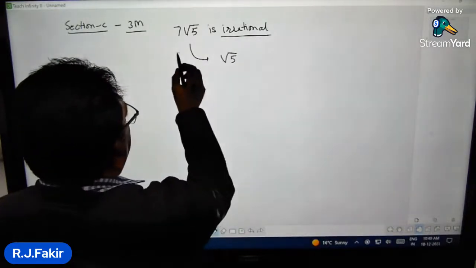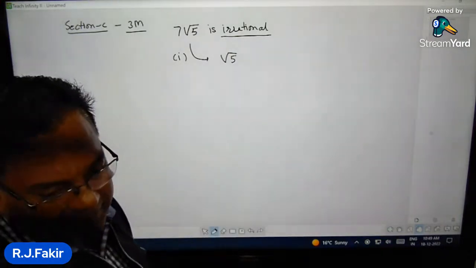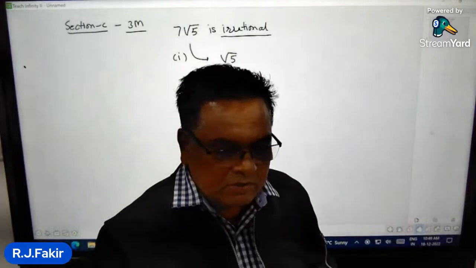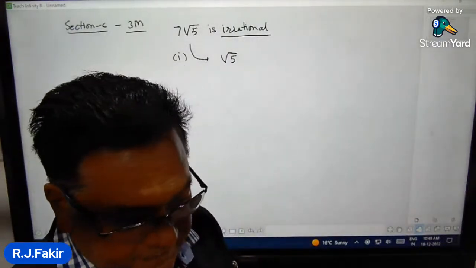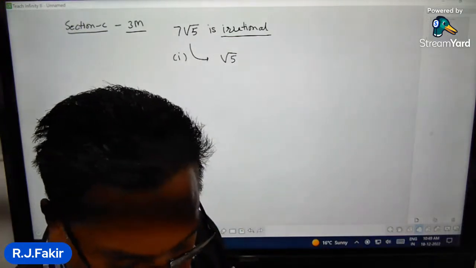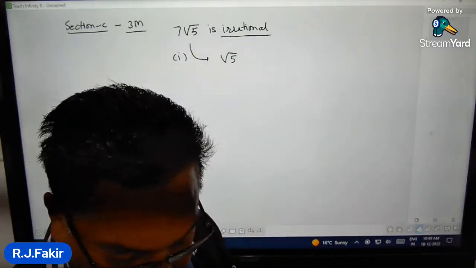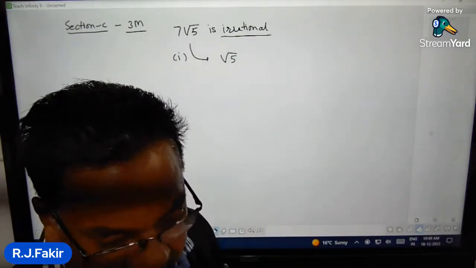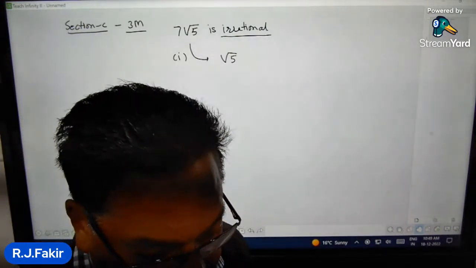So the first part of your solution should describe how you have proved that root 5 is irrational. After that, you can follow those steps to prove 7 root 5 is irrational. Don't do it directly or take it for granted that root 5 is irrational.